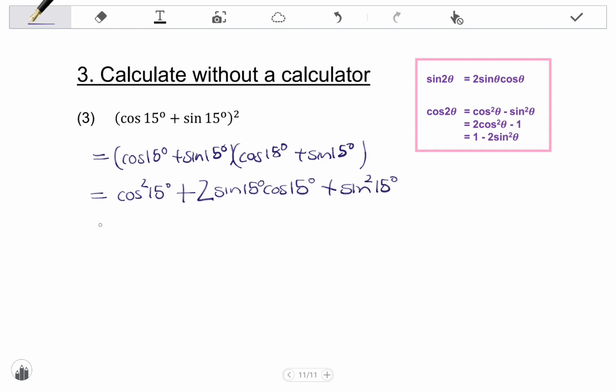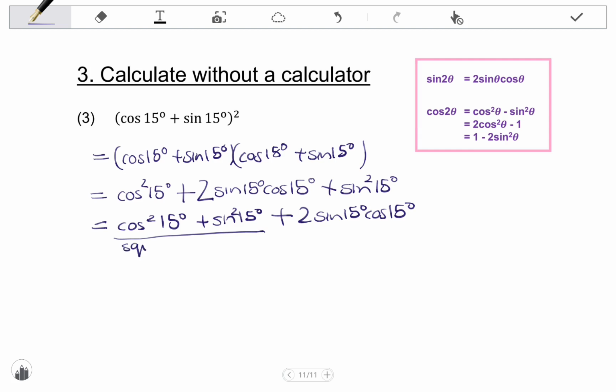Okay. Now I'm just going to rewrite this order to show you something. So I'm going to write the cos 15 degrees all squared first, and then the sine 15 degrees squared second, and then the 2 sine 15 degrees cos 15 degrees. Now if you look at this, this is the square identity. Remember, if I have cos x all squared plus sine x all squared, it is equal to 1.